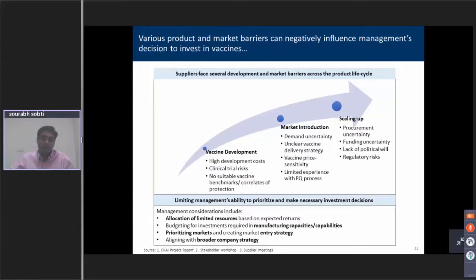For example, there are certain suppliers who would like to focus on enteric disease. That's how their portfolio is geared towards, whereas some are more geared towards meningococcal or pneumococcal disease. So you also see suppliers looking at portfolio products, and then selecting if they align with the overall broader portfolio before they venture into developing their products.